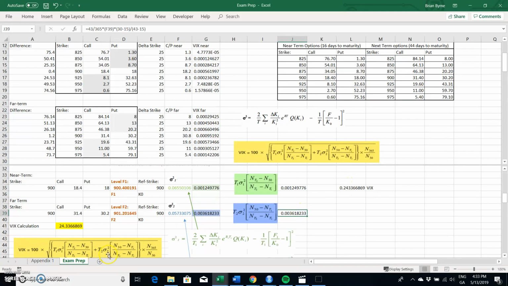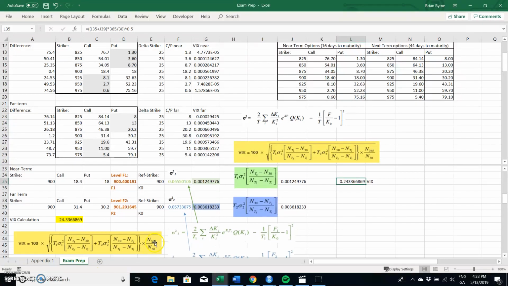Then we combine them and take the square root, and we extrapolate from the 30-day window to the 365 or the annual estimation, and that allows us to produce a result. If we want to express as a percentage, we could multiply by 100, which is what we have here. And of course, we get 24.3366. And you can see the two values are the same.